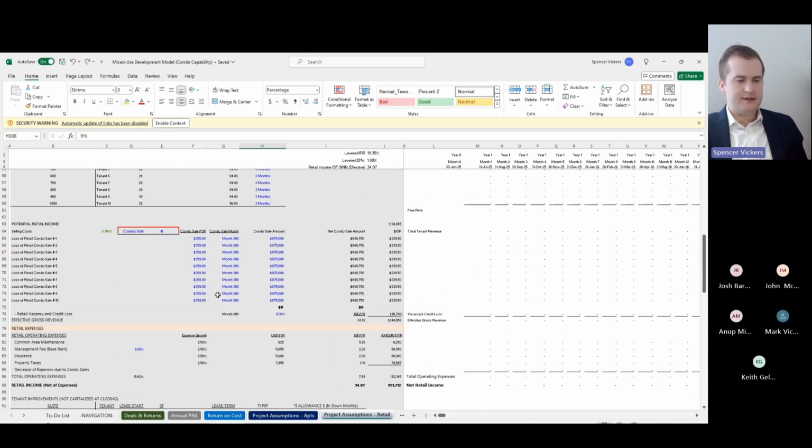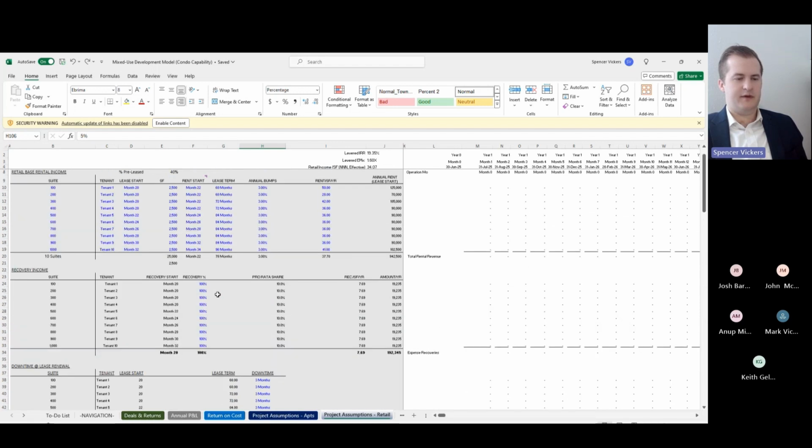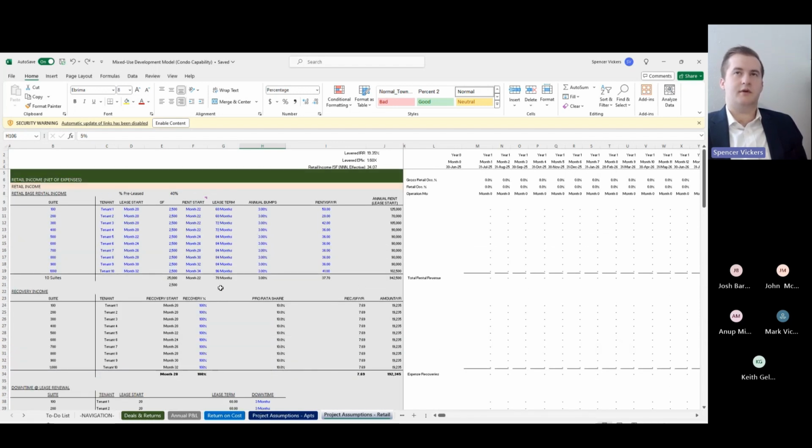So that is the retail module. This doesn't include all of the assumptions that I would make in a strictly commercial development model or a commercial acquisition model.